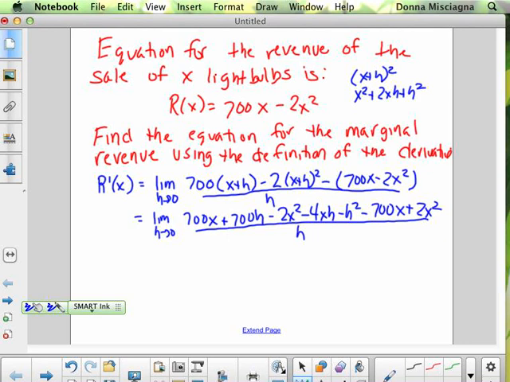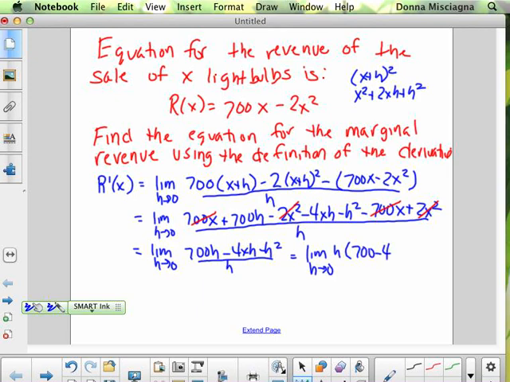And now we've got some terms we could cancel. So the 700X cancels with the negative 700X. The negative 2X squared cancels with the 2X squared. So we have the limit as H approaches 0 of 700H minus 4XH minus H squared, all divided by H. So we can factor out the H. So we're left with 700 minus 4X minus H, all divided by H, so that H will cancel.